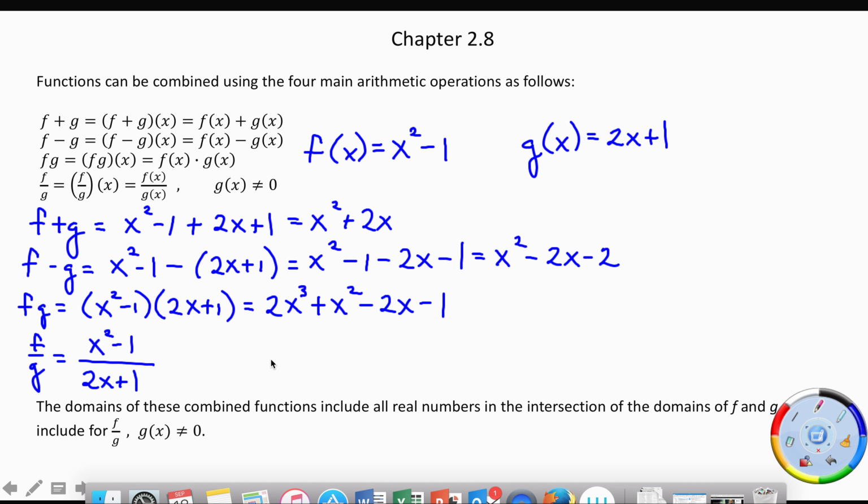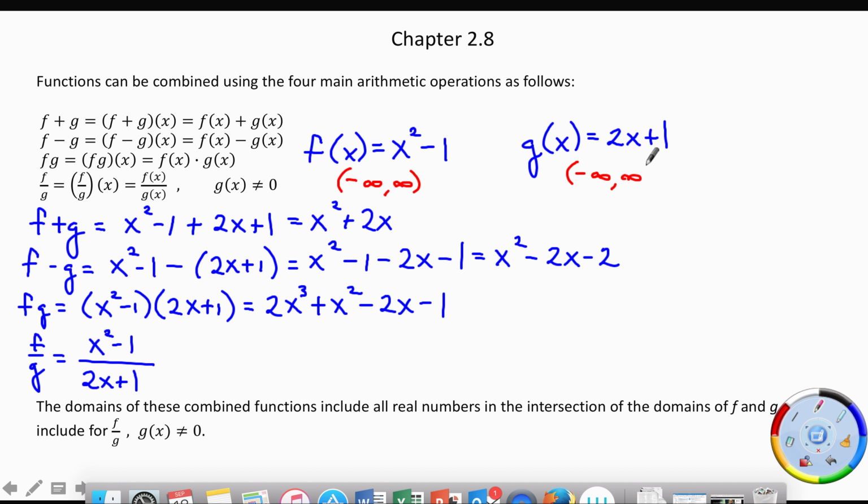The domain of combined functions is the intersection of the domain of our two original functions. So if I'm also asked to give the domain of these combined functions, first I have to go find the domain of each of my two original functions. And hopefully we know that the domain of both of these is all real numbers, right?